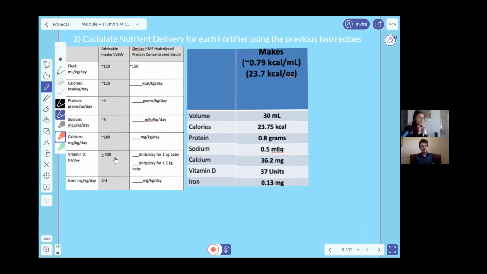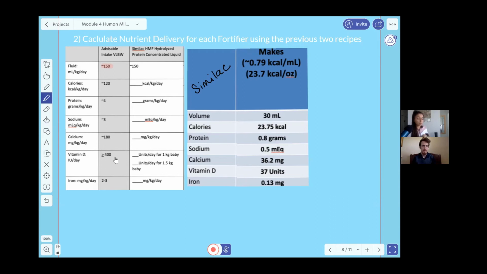Okay, so now we're at our second question. So now we're going to calculate the nutrient delivery for each fortifier using the previous 2 recipes. So right here, this one is our Similac. Let me write it here so we don't forget. So we need to calculate 150 milliliters per kilogram per day.